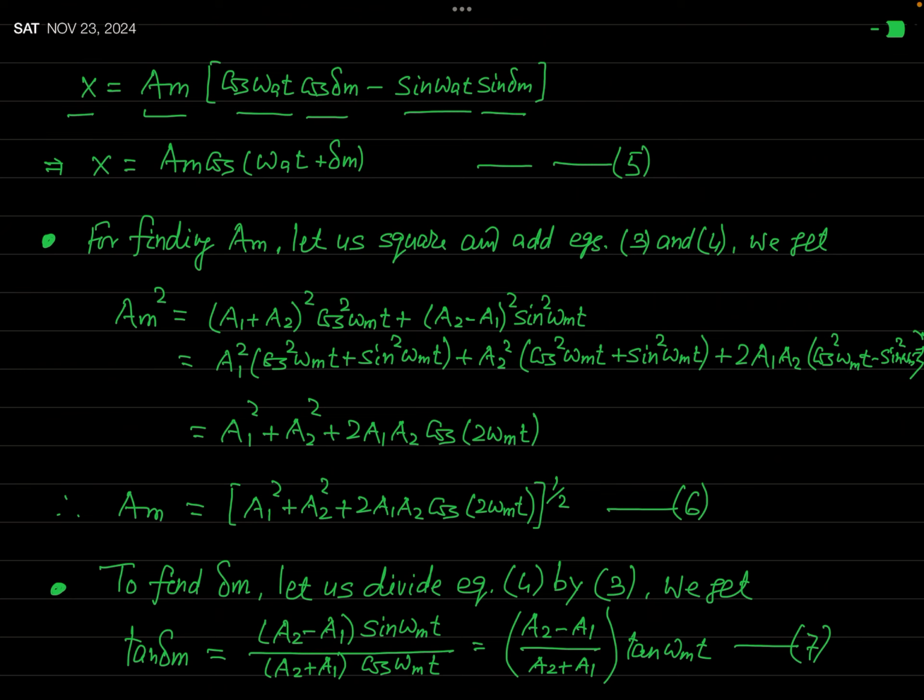But you can see the expression inside the square bracket can be written as cosine of omega at plus delta m. So finally we get that the resulting oscillation can be represented by the equation x equal to Am cosine of omega at plus delta m.